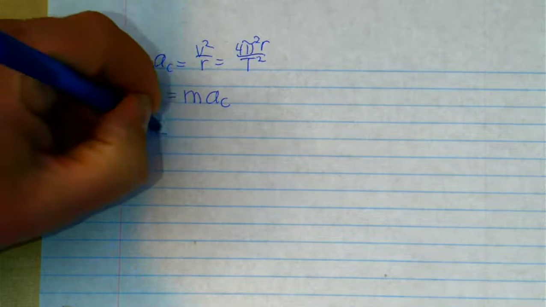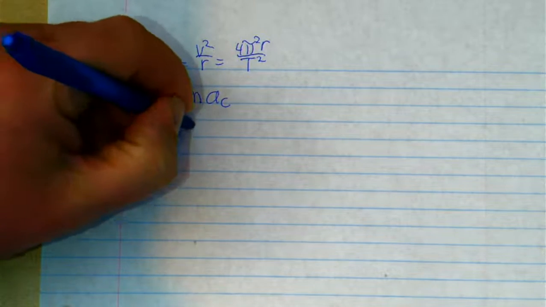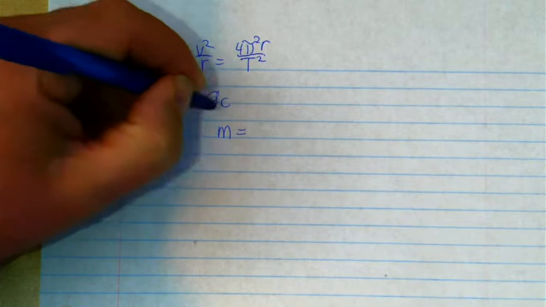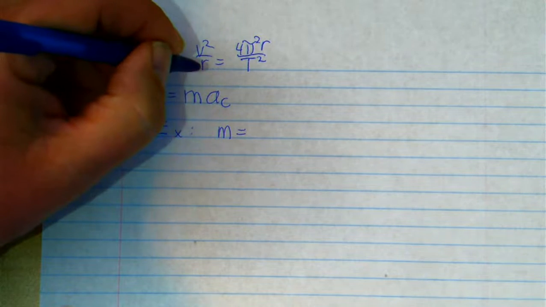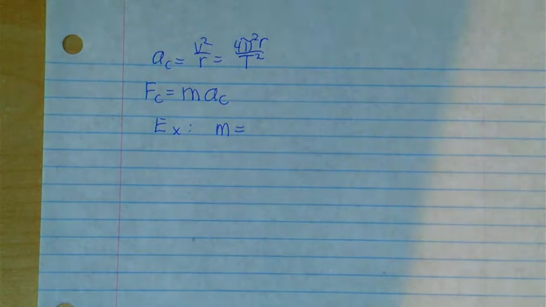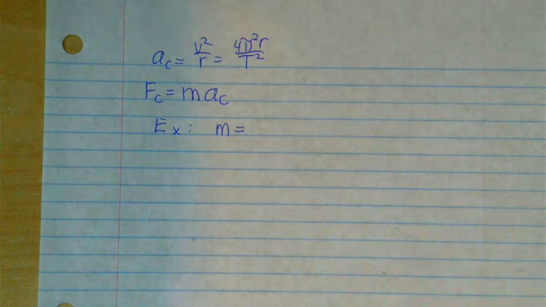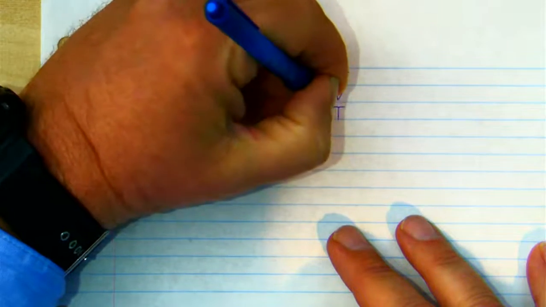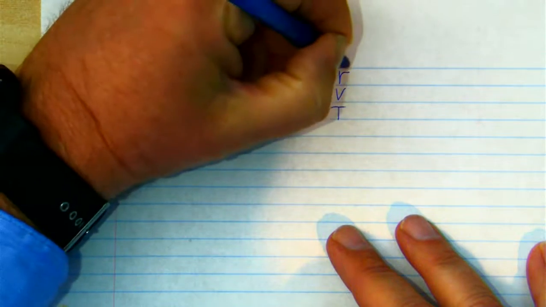So, for example, if I have a mass that is given and any of those other variables that we were just working on, our choices are the radius, the speed, the period, or the acceleration.